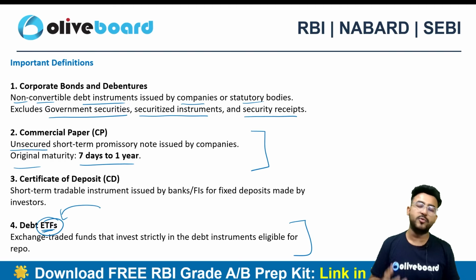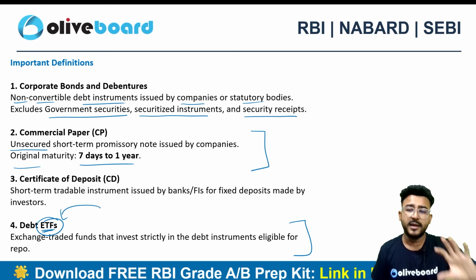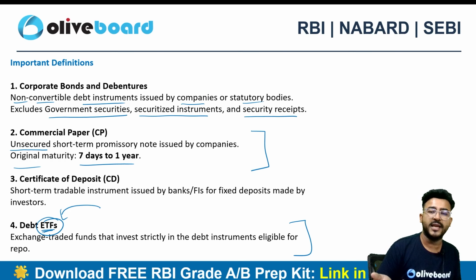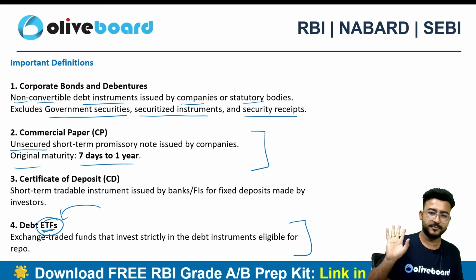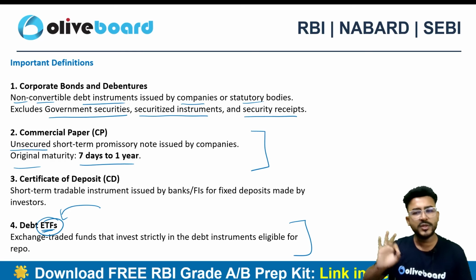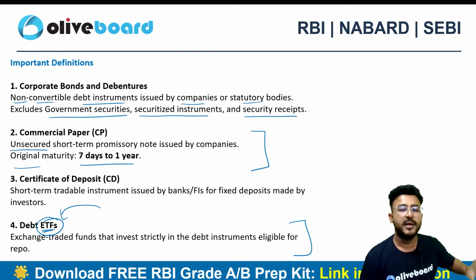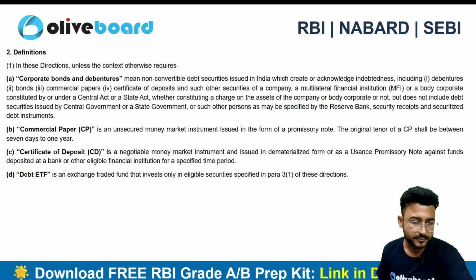That means you can do the trading in ETF, which is not possible in mutual funds, right? At least you need to hold mutual funds for 1 day in order to sell it the very next day. But ETFs are as good as tradable securities, right? So these are debt-based ETFs. That means if I am giving 1 lakh rupees to a debt ETF, it will invest my money in debt securities. That's the meaning, right?